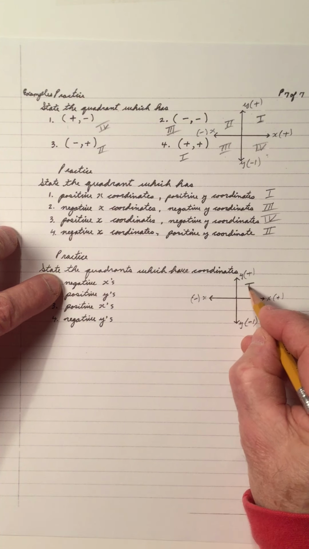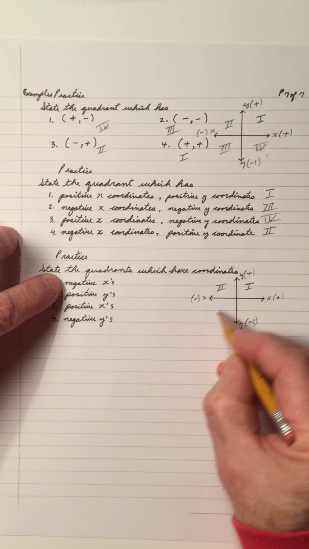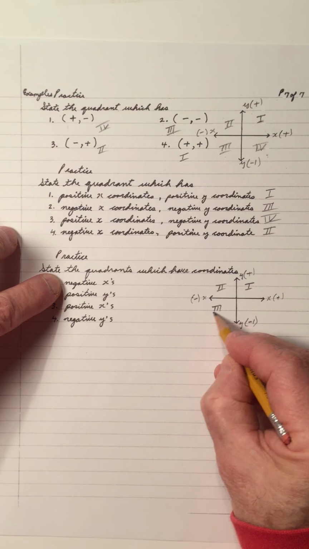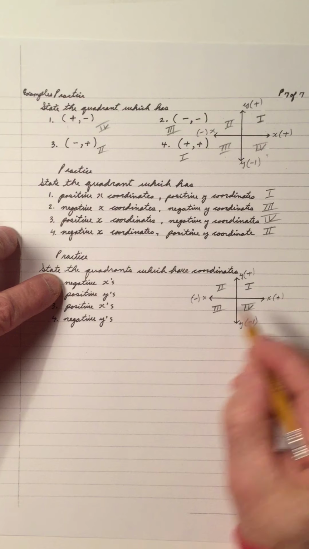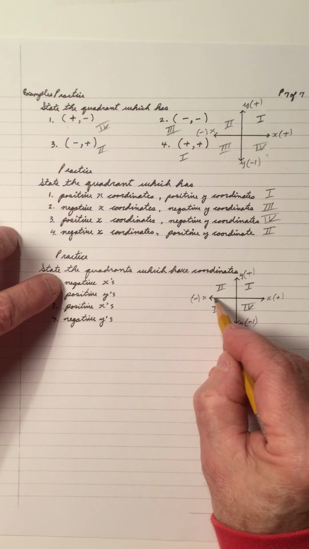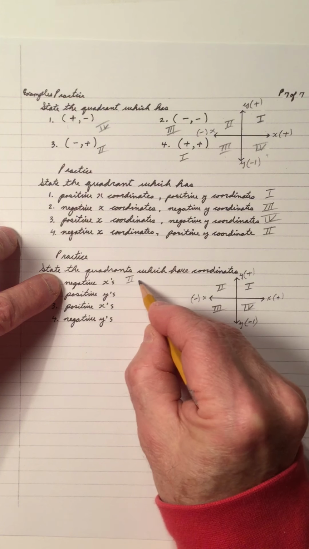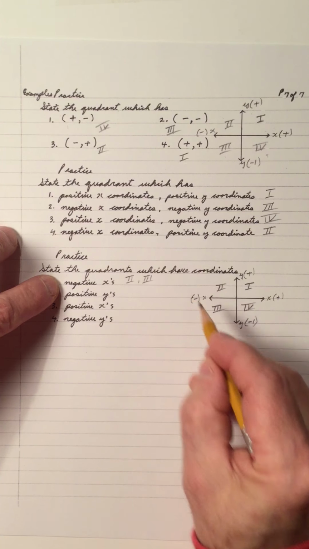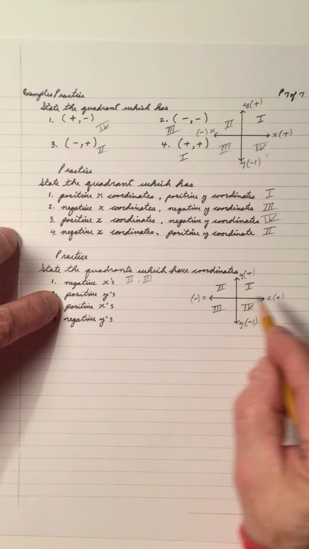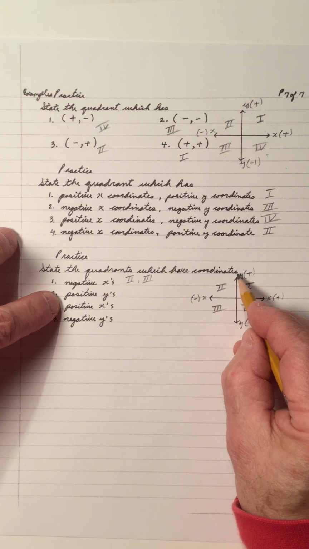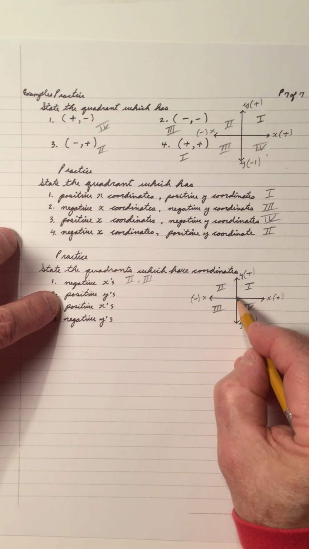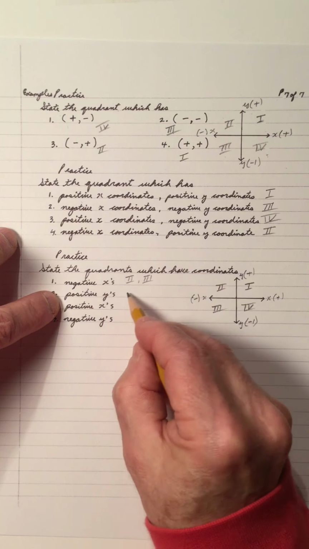So if I fill the quadrants in first, I always keep track like this. So X is negative on this side. So that's quadrants 2 and 3. Positive Y's. Y is positive up here, so that's 1 and 2.